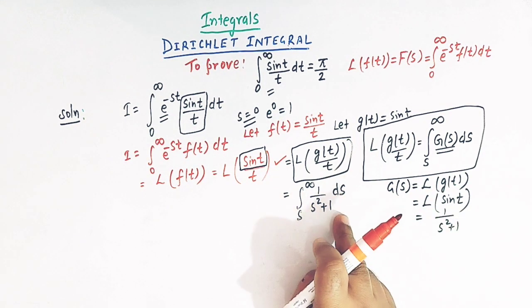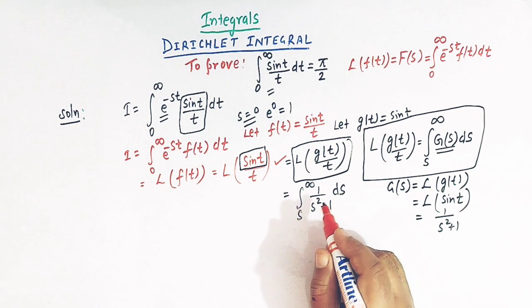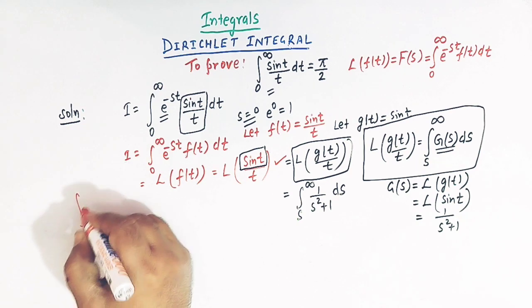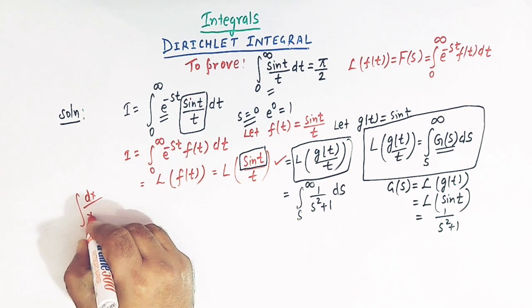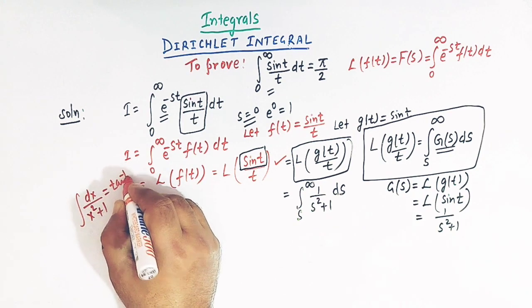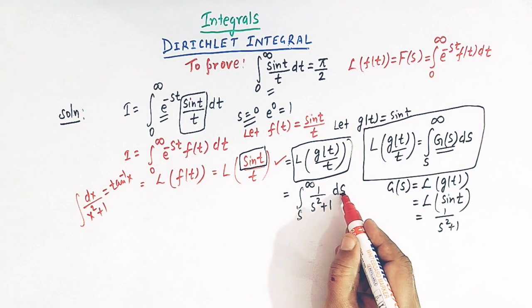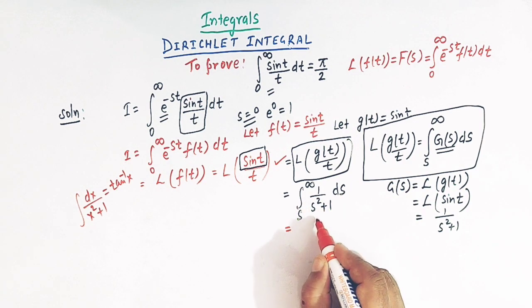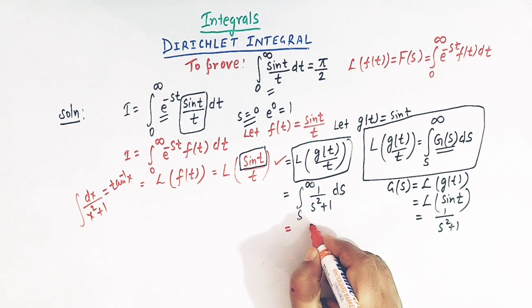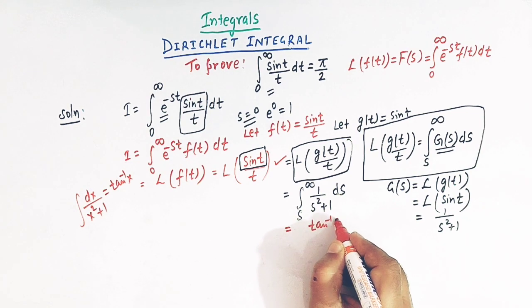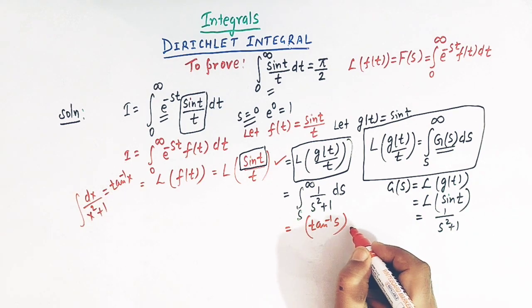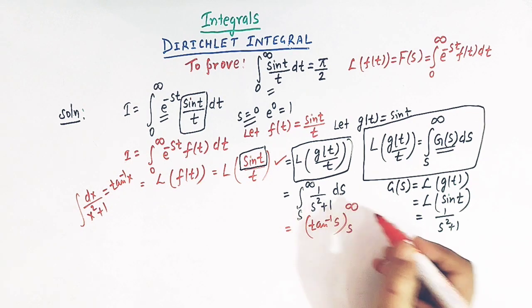So to evaluate this integral, we'll again use a standard result from indefinite integrals, right? We know that the integral of dx over x square plus 1 is simply tan inverse of x. So here the parameter is s. So the indefinite integral of 1 over s square plus 1 is tan inverse of s, by virtue of this result, and here we have the limits s to infinity.